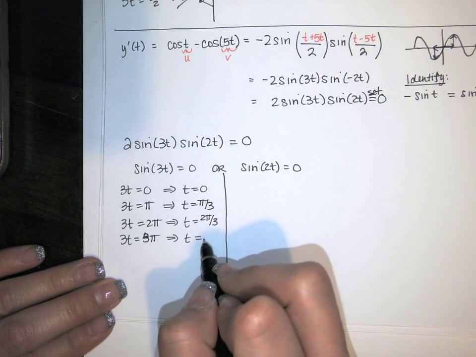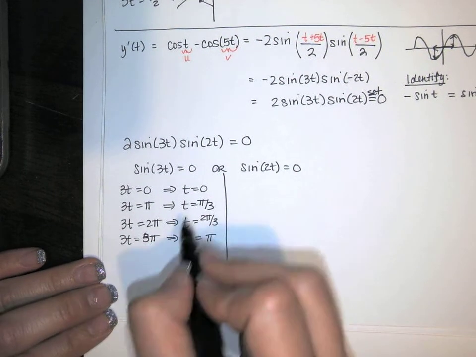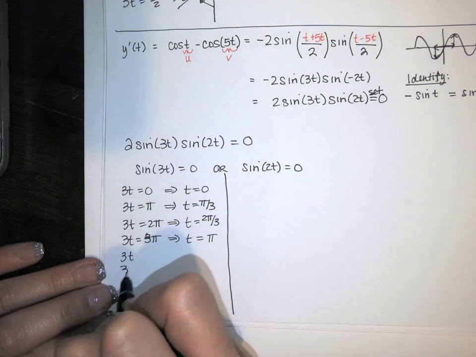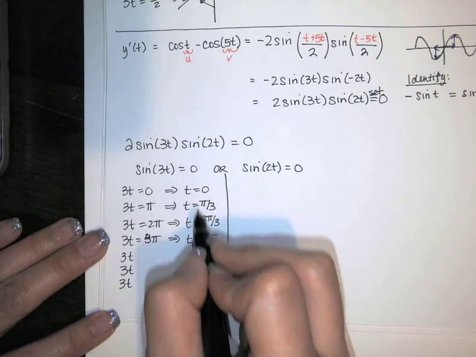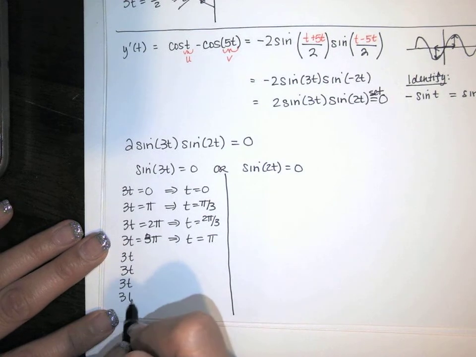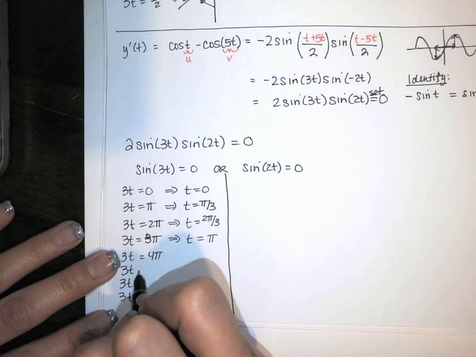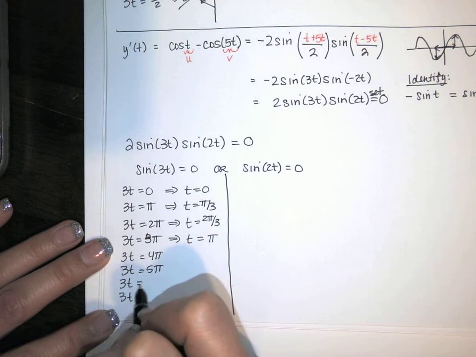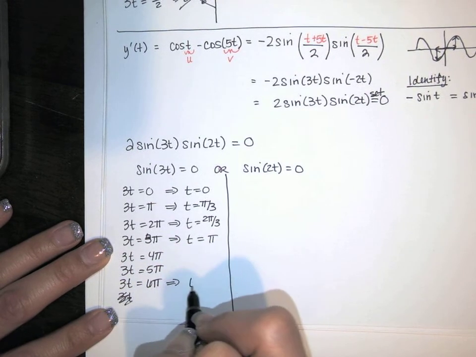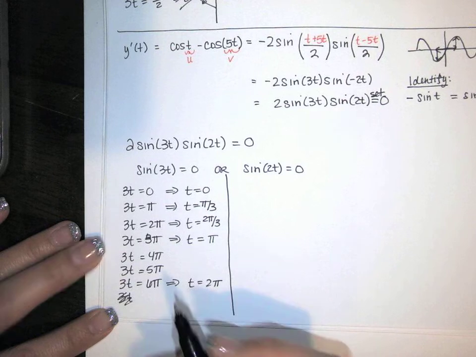So we get this t equals pi, and I think we're just going to get 4 more like that. Just seeing the pattern that we got 4 in the first pi radians. We have 4 pi, 5 pi, 6 pi. Actually, I know I'm going to solve that one, and I'm going to get t equals 2 pi. So we're done.